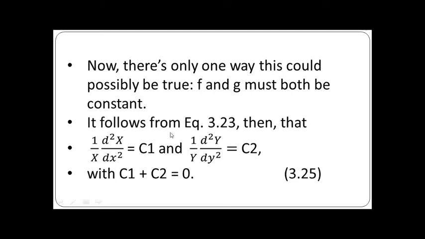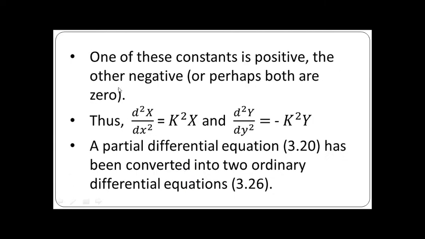It follows from equation 3.23 then that 1 upon capital X d square capital X upon dx square is equal to c1, and 1 upon capital Y d square capital Y upon dy square is equal to c2. Substituting this, we get that c1 plus c2 is equal to 0. One of the constants is going to be positive, the other negative, or perhaps both can be 0.